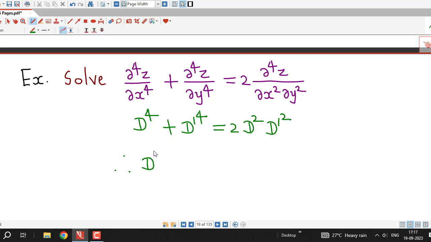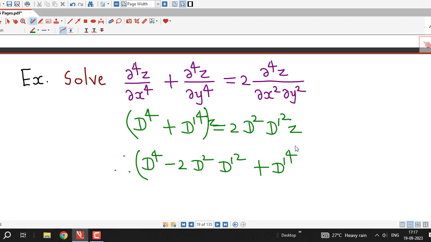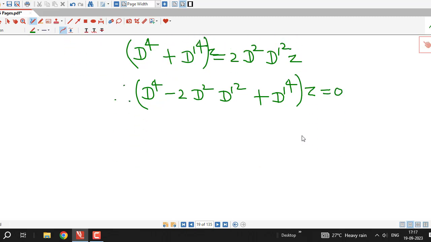And this I can rewrite as D to the power 4 minus 2 times D square D dash square plus D dash to the power 4, acting on z, equal to 0.